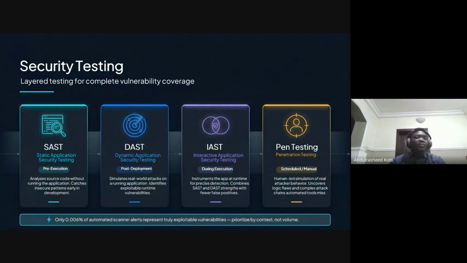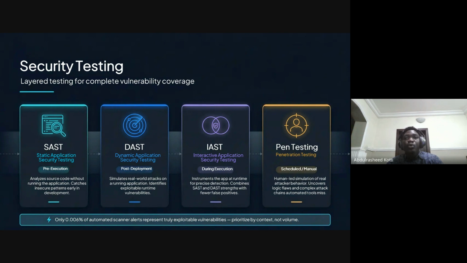So next, let's talk about security testing, because this is what helps us find our issues before the bad guys do. And there are different types. The first is SAST, or static application security testing. Now this checks code before the app runs, before we go live.